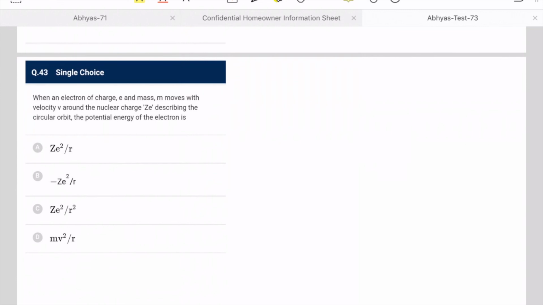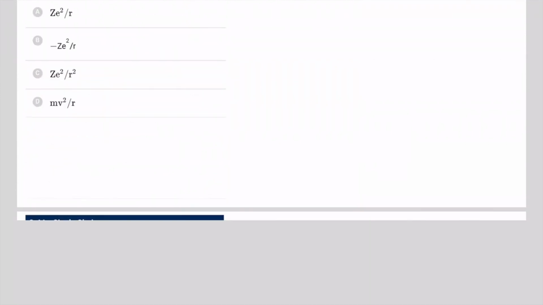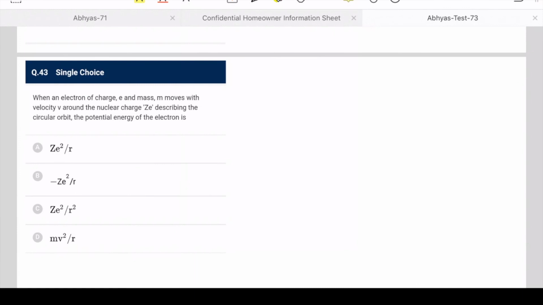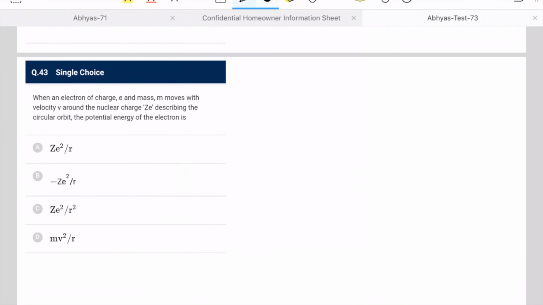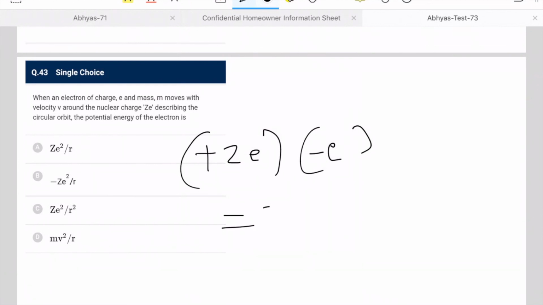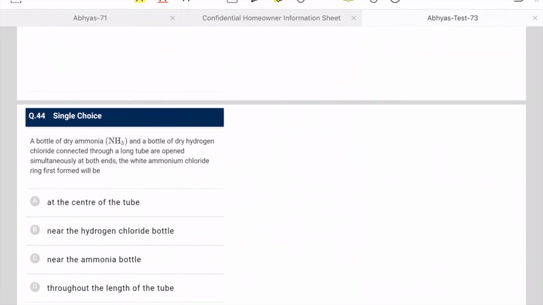So we can write down plus Ze into e minus e, so that E is equal to Ze square minus Ze square by r. So this is the option. So option B is the correct one. So we'll go to the 44 next question.